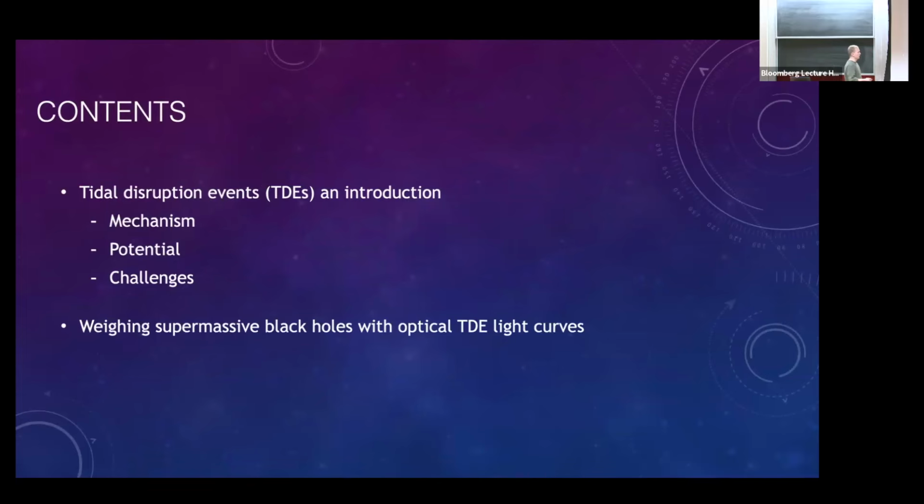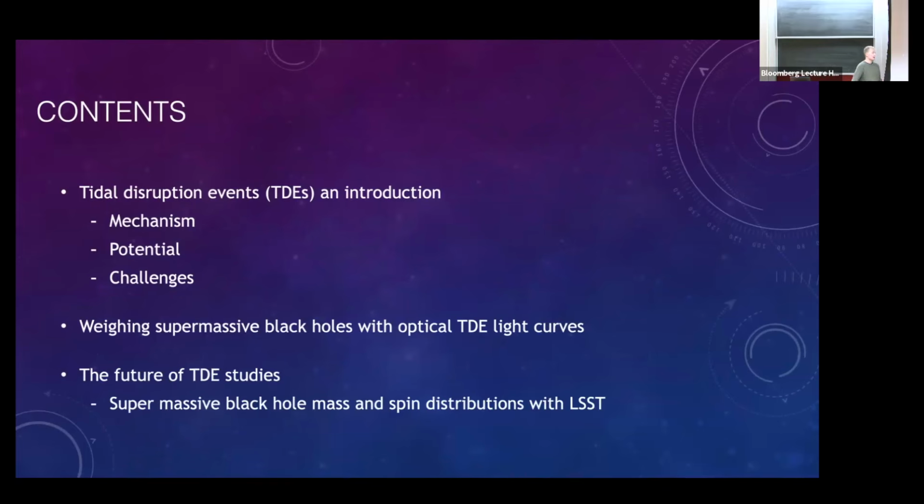I'll talk about the main thrust of a lot of years now of research that we've been doing, which is how to weigh supermassive black holes with optical light curves from TDEs. And then I'll talk about the future of TDE studies, which is basically demographics of black holes with LSST and why you're going to keep hearing about TDEs so much over the next decade.